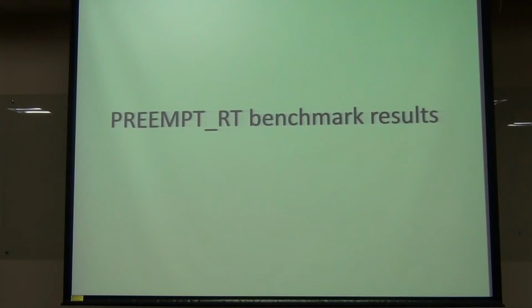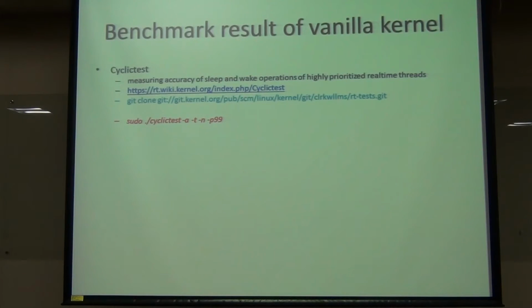All right, so I talked about the real-time patch and how to configure it. Now I'm going to show you the benchmark results. The one that I'm using is cyclictest, which uses a high resolution timer to measure how long the latency is from your designed periodic running.